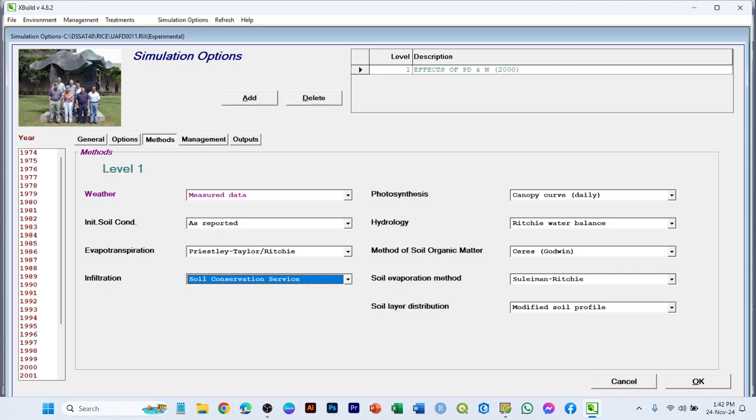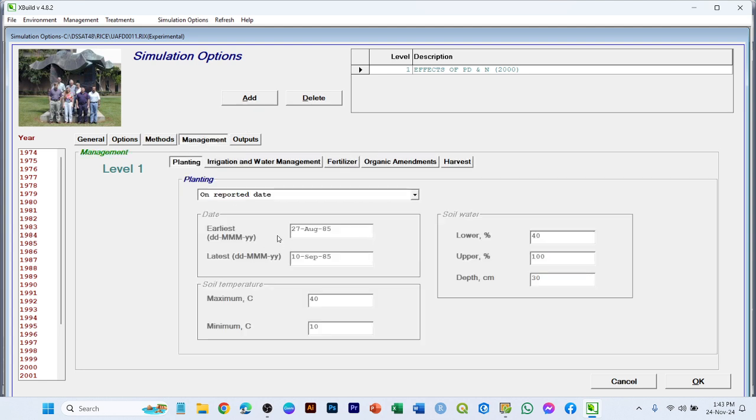Are you sure to choose this on reported date, or do you have to depend on the model? So this is complete verification, the essence of all the values that you have given. Agree? Any question? Similarly for fertilizer, organic, harvest, at maturity, because we have mentioned maturity over there.